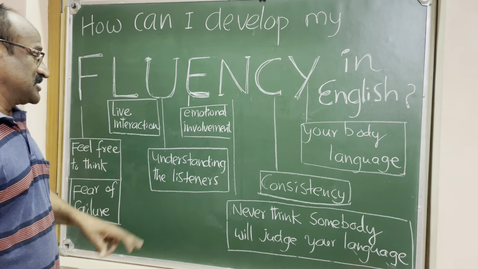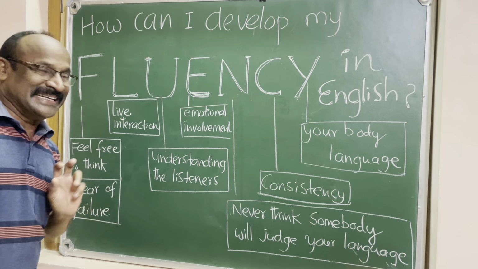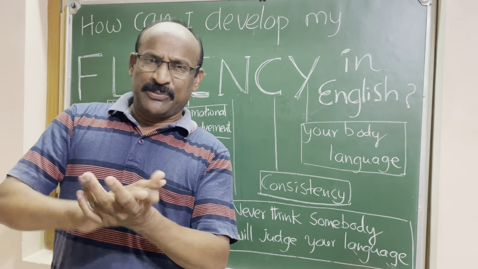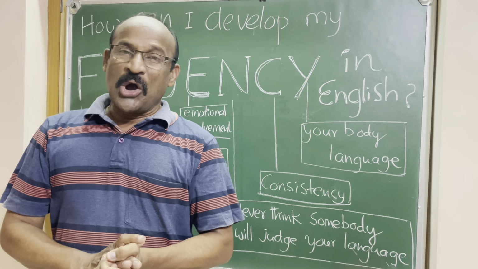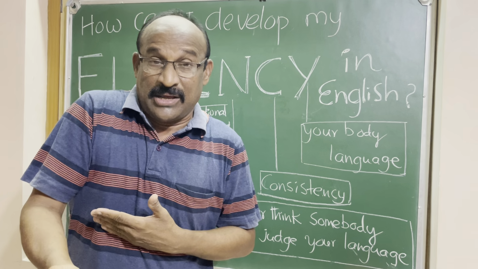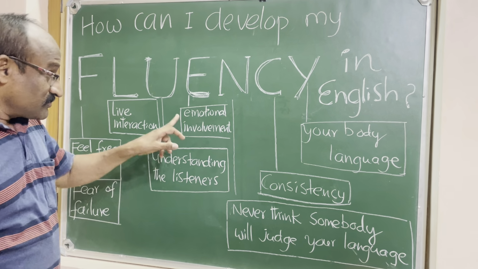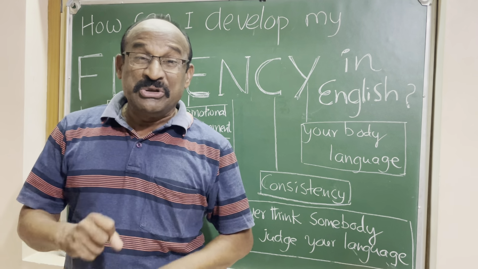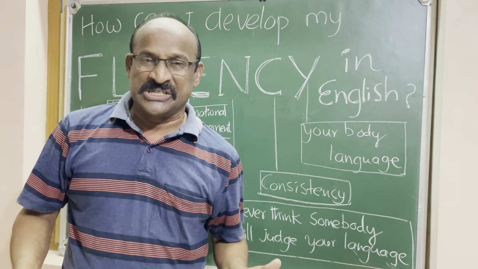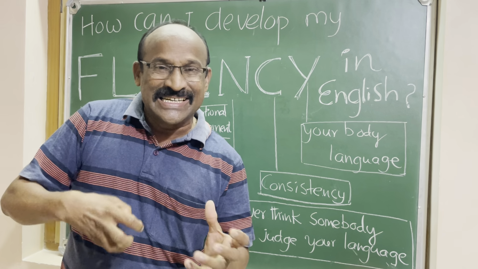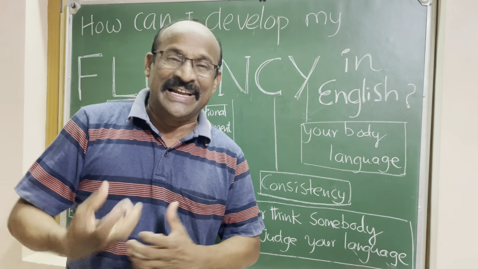Now for understanding the listeners: when you're talking with some experienced people, it's better to listen. When you're talking with a less experienced person, it is better to speak it out. So according to the listener, we have to talk. We shouldn't use bombastic words and idiomatic language out of prejudice, because the main purpose of language is to convey our feelings, opinions, or ideas to others.